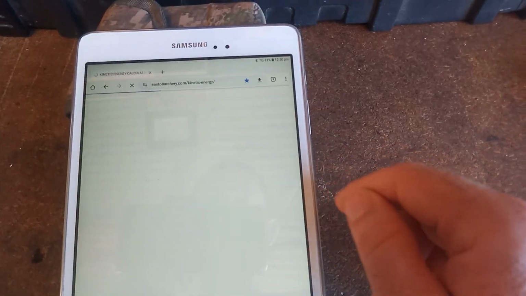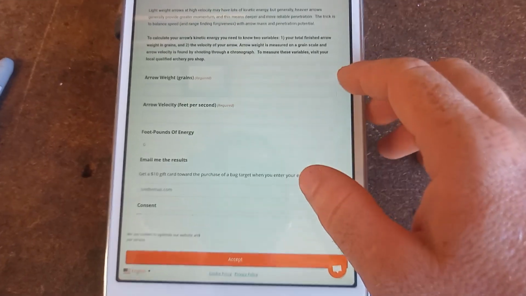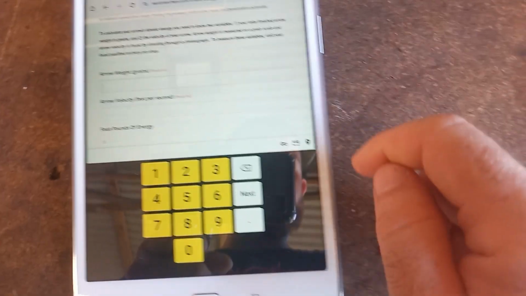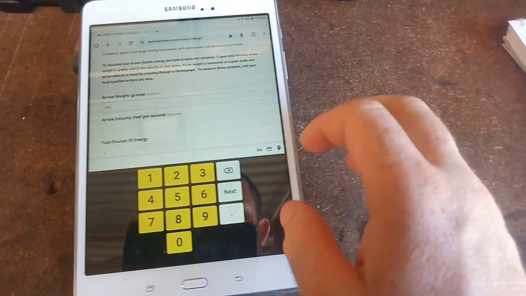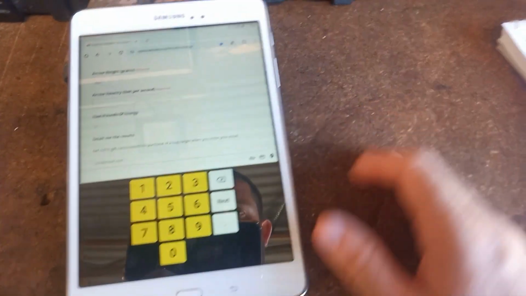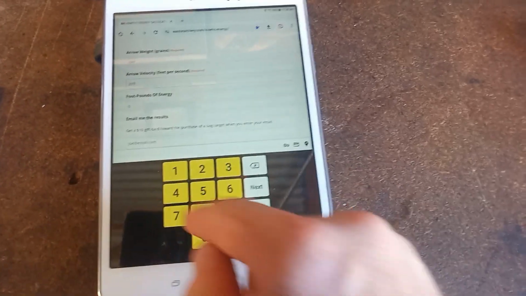Okay, if I scroll down here, it asks us for our arrow weight in grains. So I'll go ahead and plug in the 400 grain calculation first. So 400, and arrow velocity in feet per second, 297.